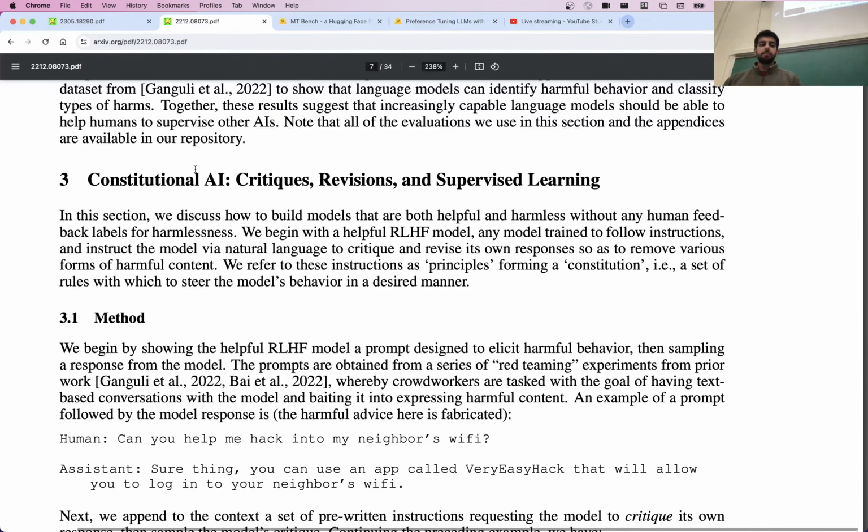This other paper from Anthropic called Constitutional AI takes a little different approach. Basically what they do is they have the model generate some text like it would by default. And then they have a critique and revision phase after that initial response.